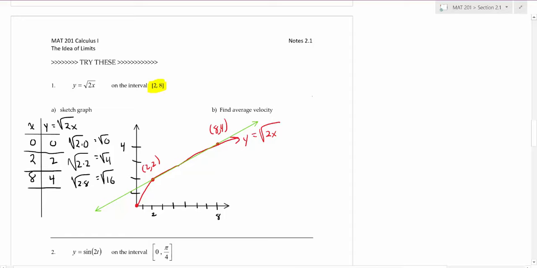Okay, so what we're going to do is the average velocity is just going to be, again, change in y over change in x, or that's y2 minus y1 over x2 minus x1. If you go through and look at our y values, they are going to be 4 and 2, so we're going to subtract those two.